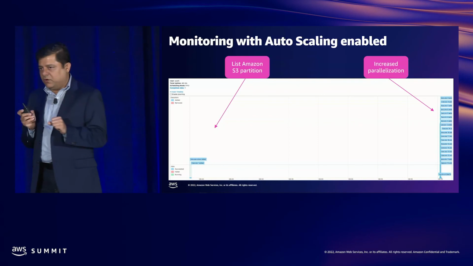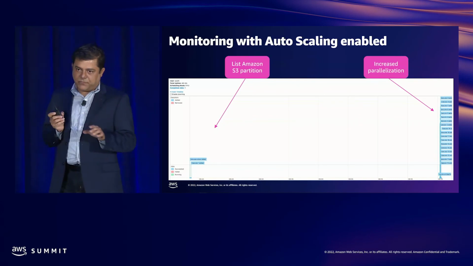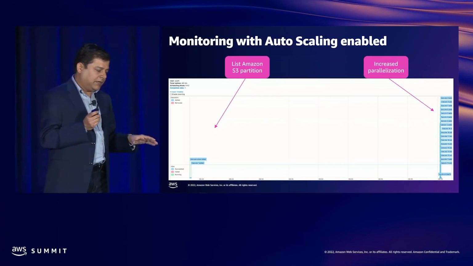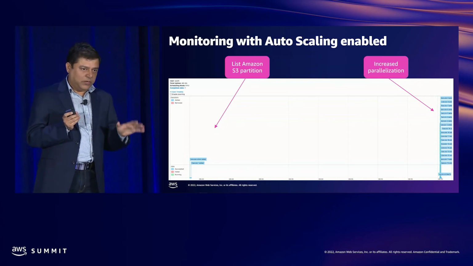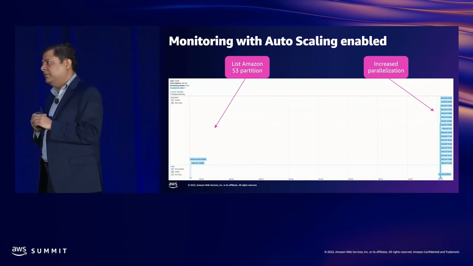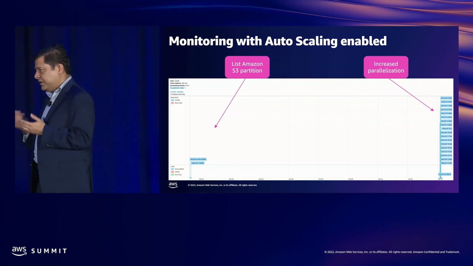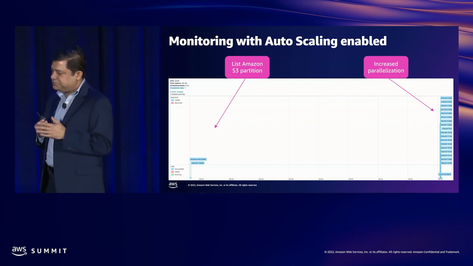This is what it will look like on the Spark UI, where at the beginning of the stage, you have fewer executors. You just have one executor in the off chance that your Spark driver wants to execute some task.